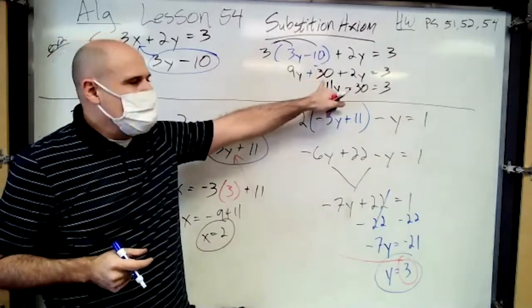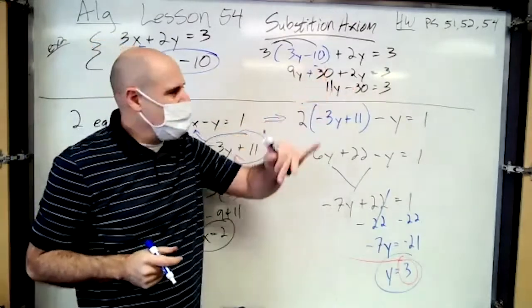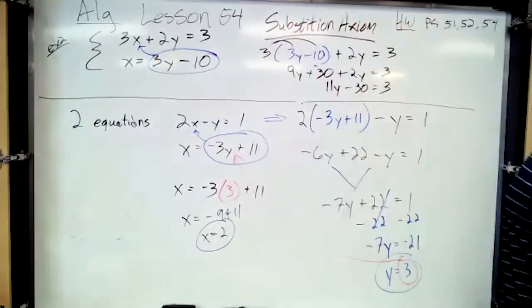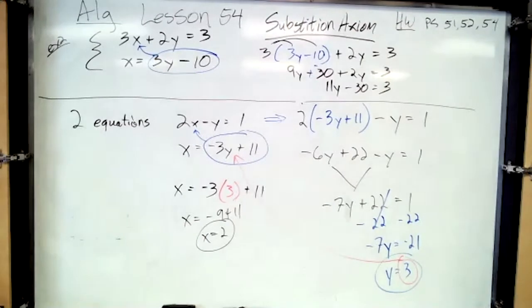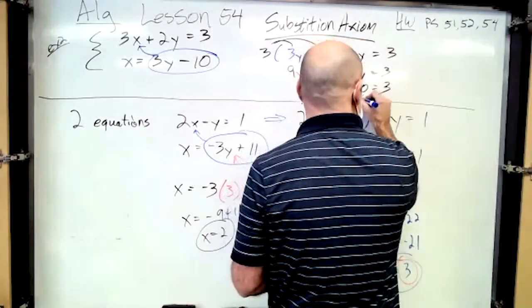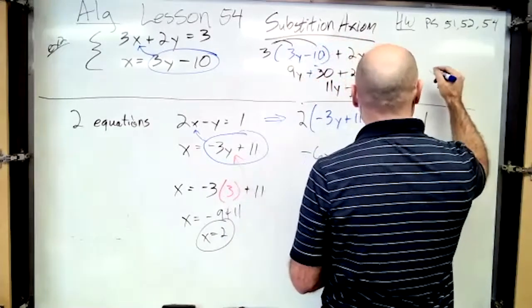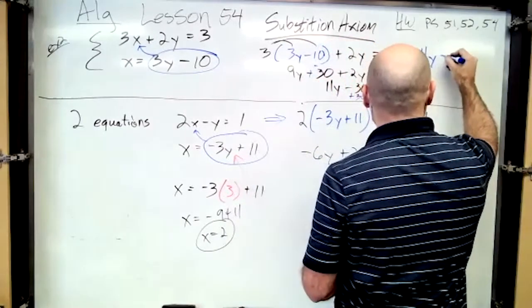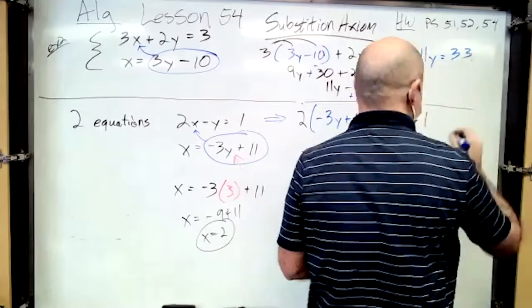If the 2y was right here, then you'd be subtracting a 2y. Okay, so add 30 to both sides. So now my equation is 11y equals 33.